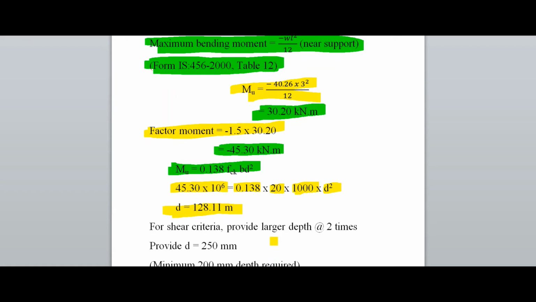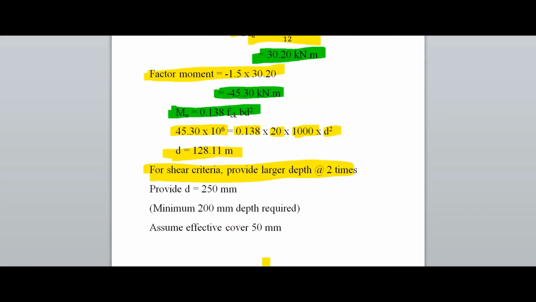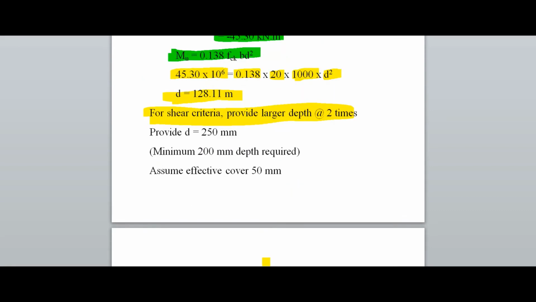Right? So for the shear criteria, meaning safety against shear force, we provide a larger depth, 2 times. We found depth is 128.11 mm, multiplied by 2, and we provide depth of 250 mm.